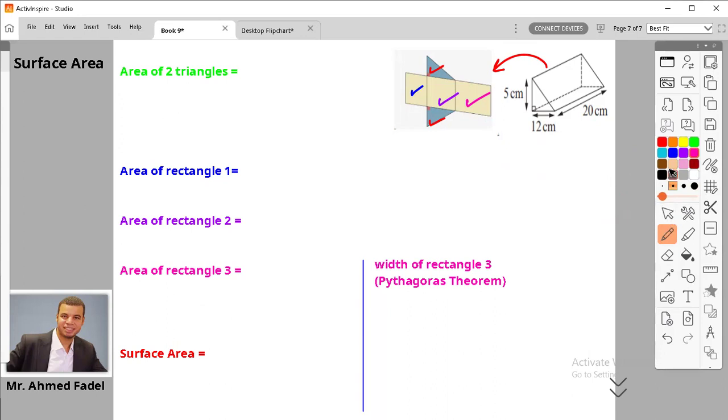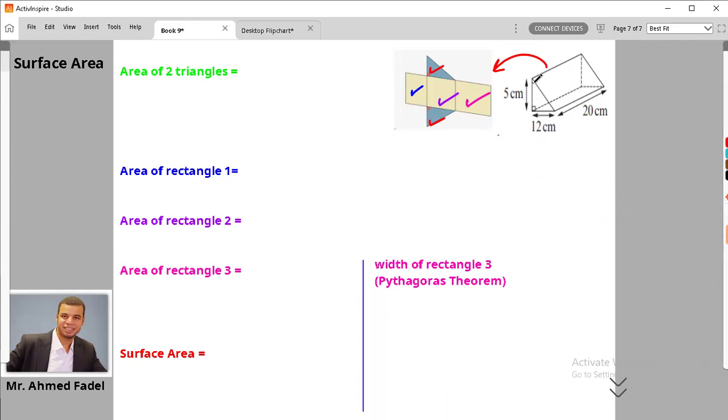Let's start with the triangles. So here in this triangle, we need to find base times height divided by 2. So I'm going to write the rule BH over 2, which is equal to 5 times 12, which is 60. 60 over 2 equals 30 centimeters squared. But this is the area of one triangle. The area of two triangles will be what?